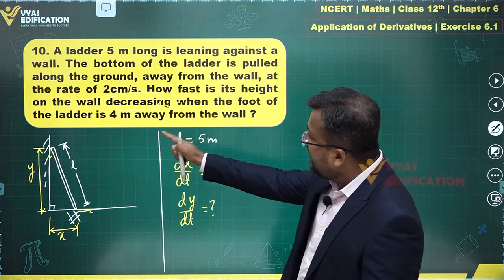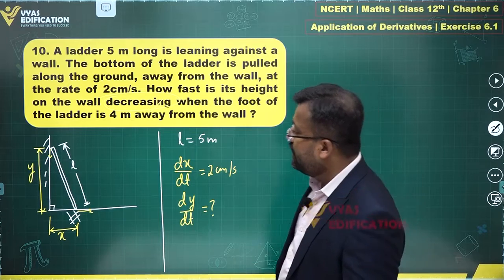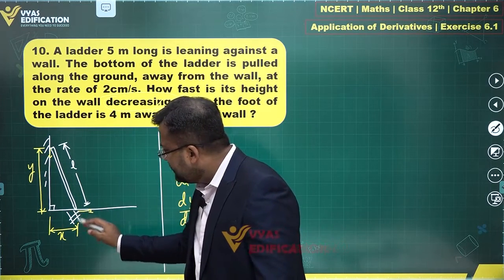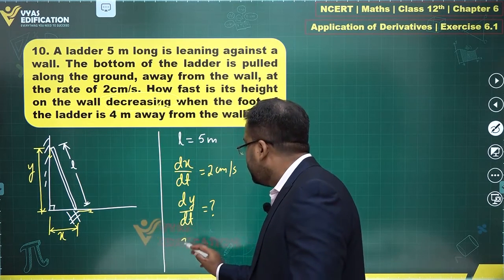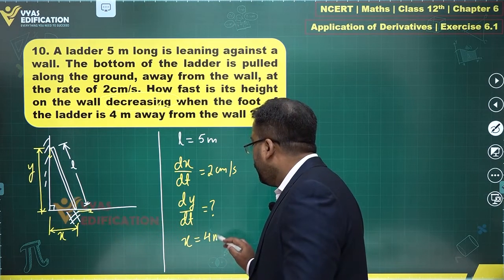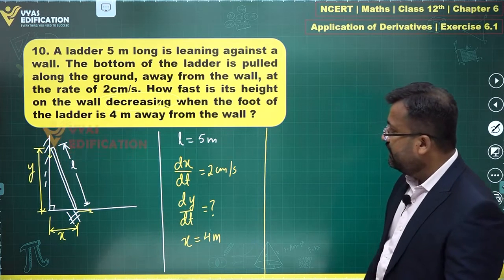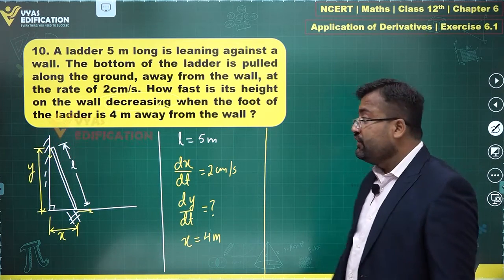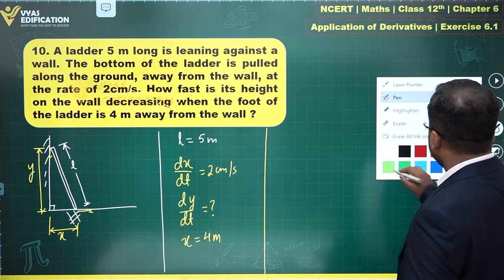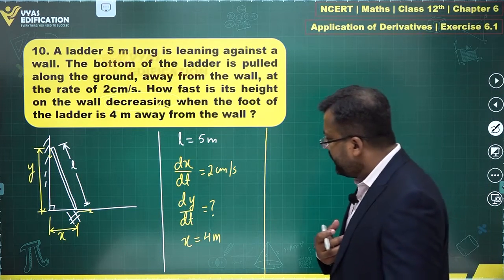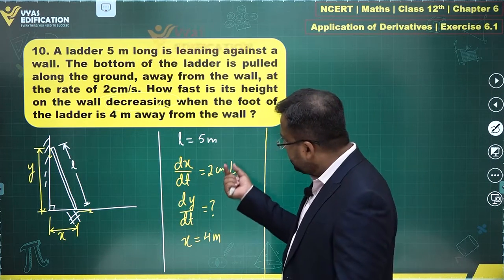When the foot of the ladder is 4 meter away from the wall, it is given that x equals 4 meter. This is given to us, right? So let's make the units consistent. For making the units consistent, what we'll have to do? This is 2 centimeter per second, this is 5 meter.